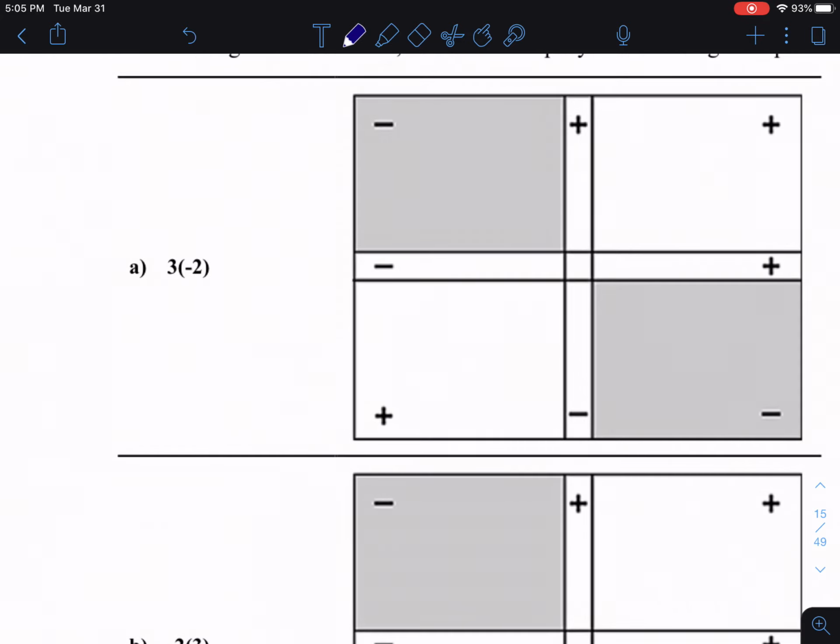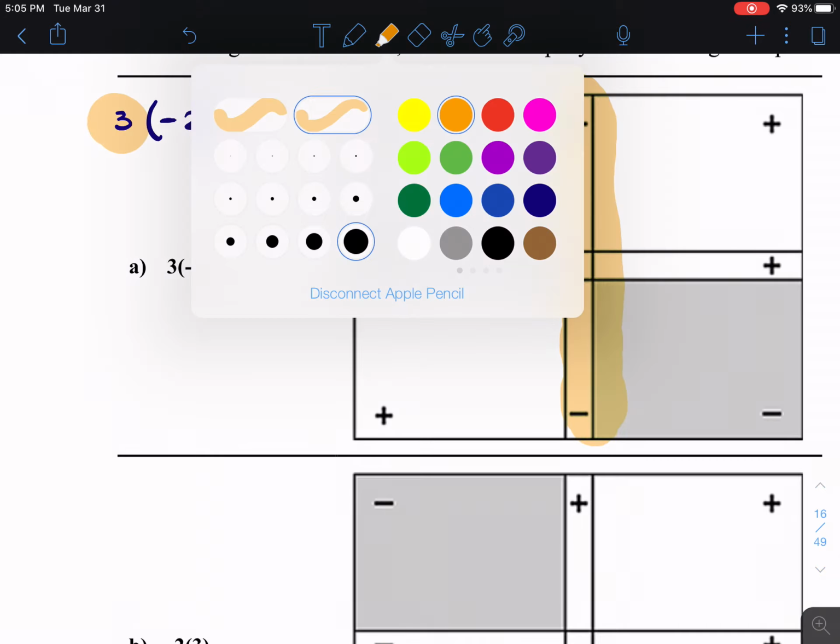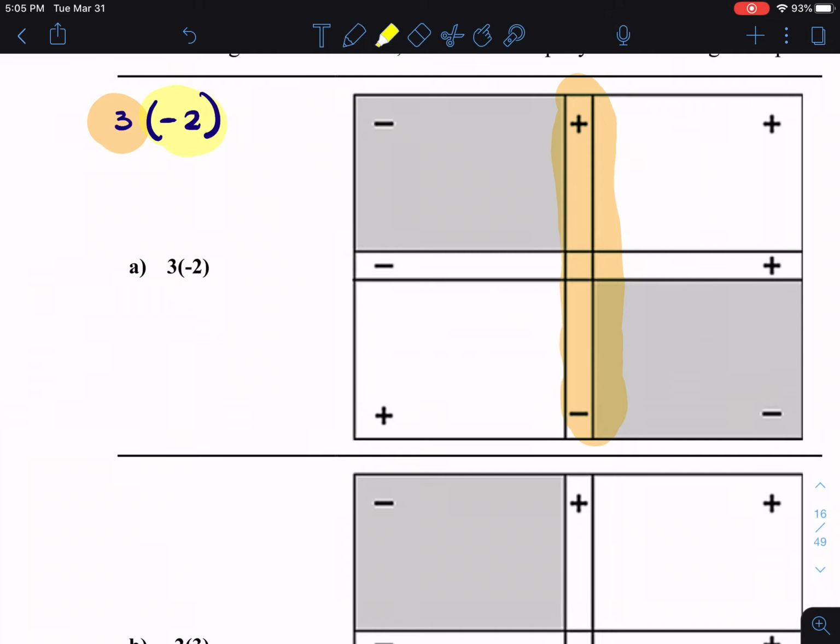So when we're looking at the multiplication, for example, of 3 times -2, we have a factor, which is going to be one of our dimensions, and another factor, which is going to be the other dimension. And the product is going to be the area of the resulting rectangle.